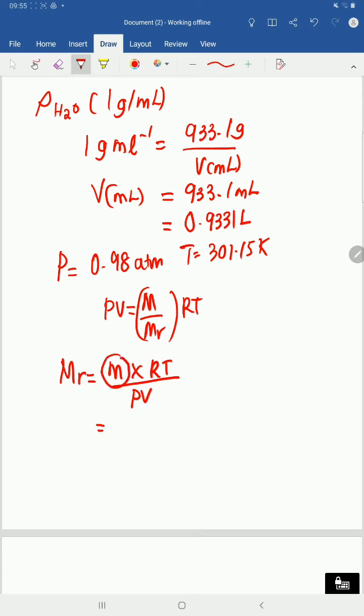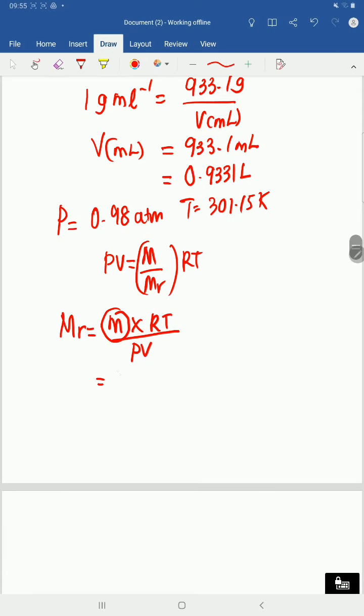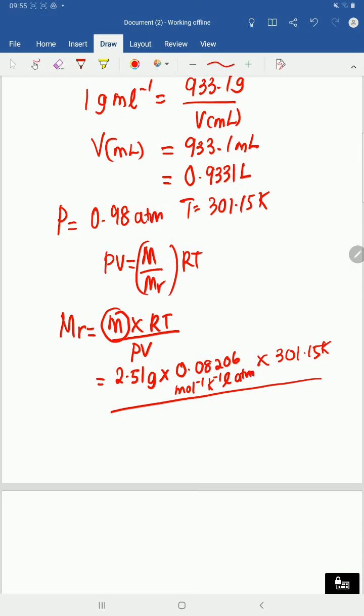The mass you need to substitute is the mass of gas Y, which is 2.54 gram, times the gas constant 0.08206 liter atm per mole per Kelvin, times the temperature, 304.15 Kelvin, over the pressure 0.98 atm, times the volume, 0.9331 liter.